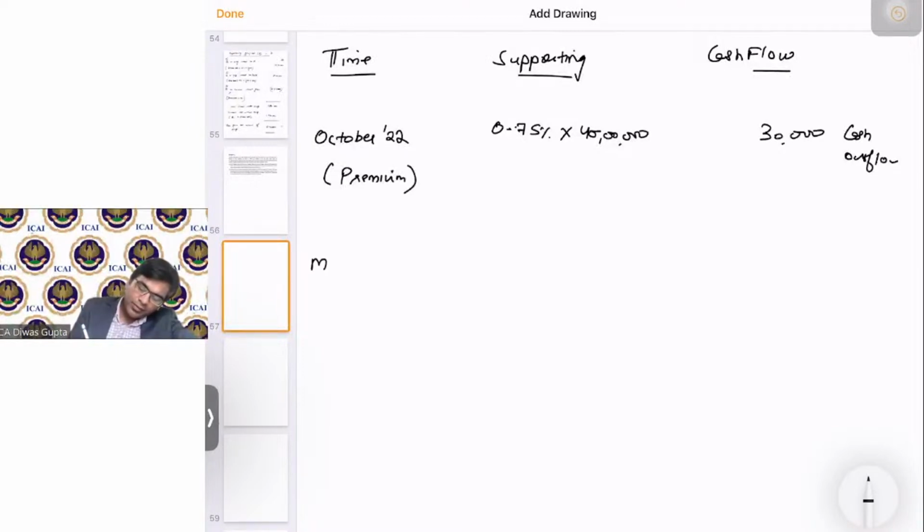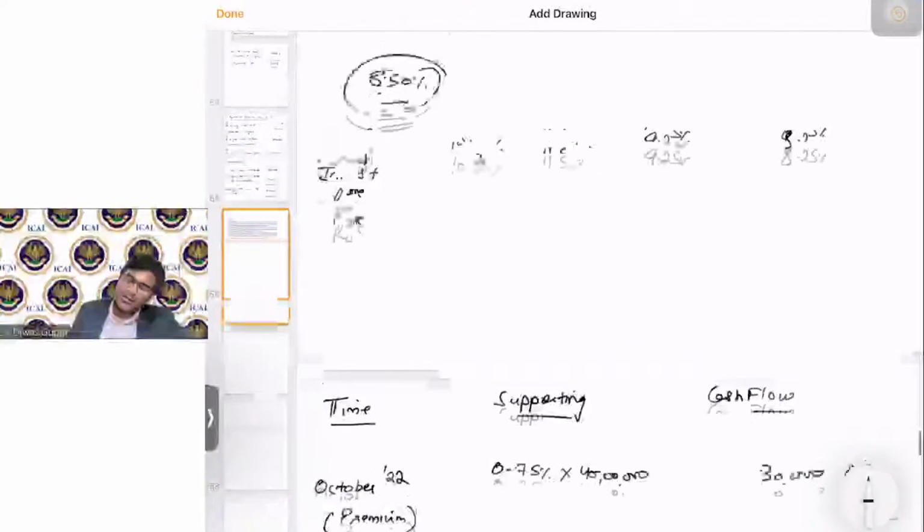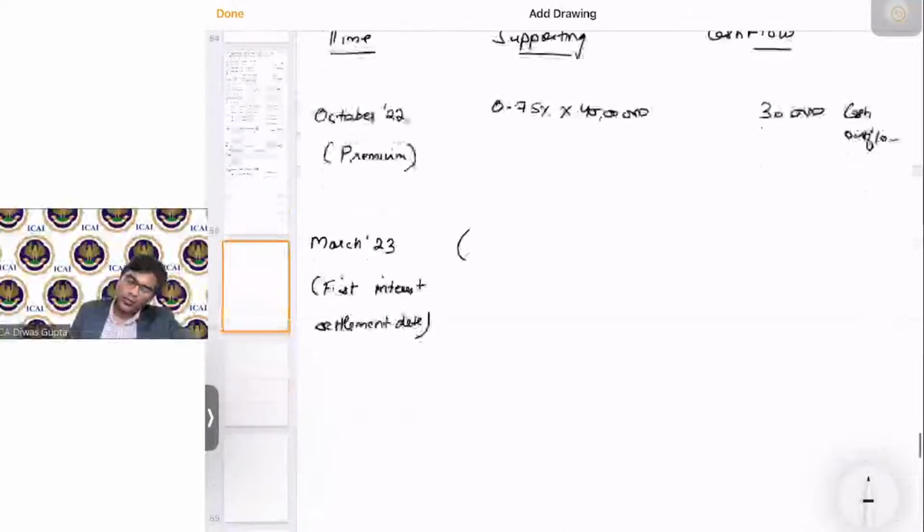Then comes March 13, first interest settlement date. And please see that the settlement is happening after every 1 year, correct? So what is the actual interest rate there? 10.2.